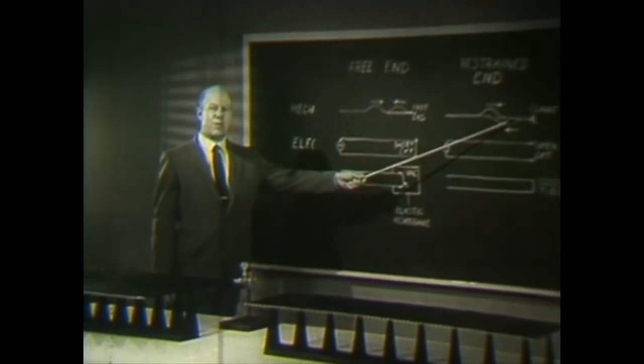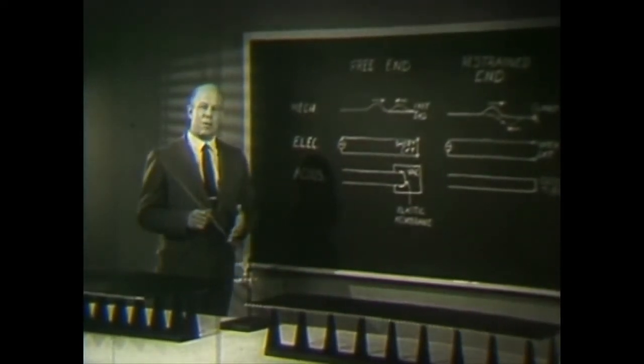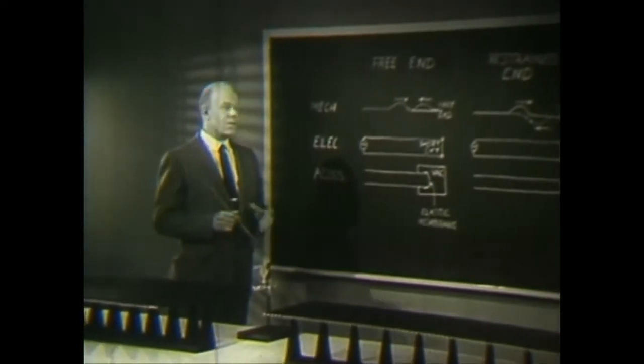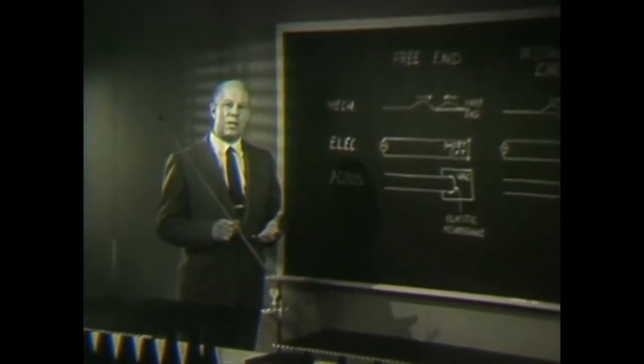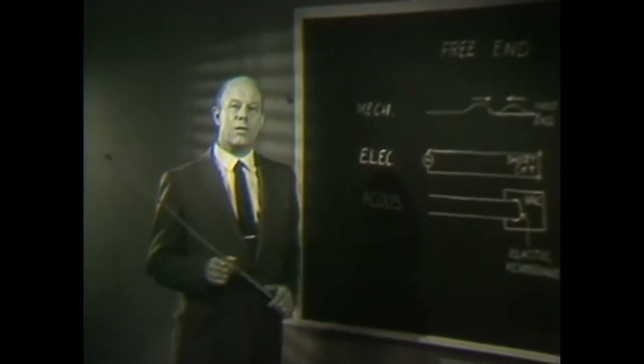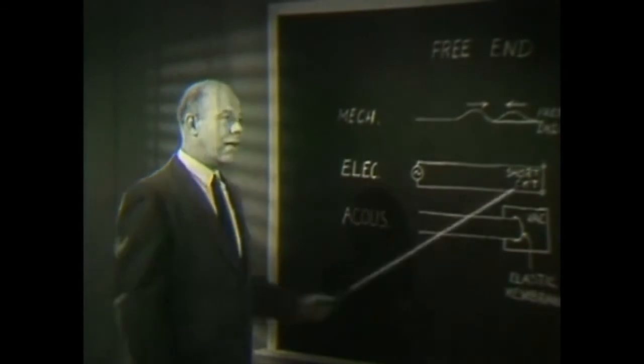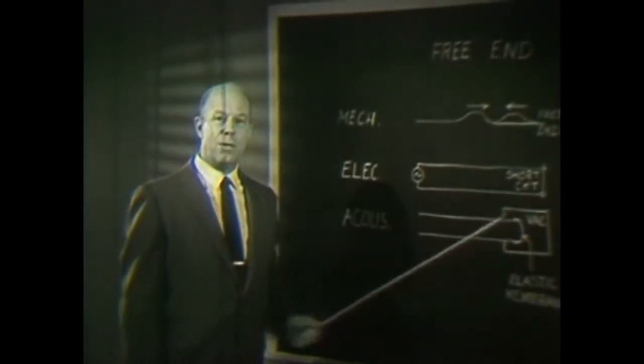is completely restrained. Now, if nature has any consistency, and we like to think she does, this alternative reflection possibility should exist for waves of all kinds, and these other drawings here show that indeed it does. Take the case of an electrical transmission line, for example.